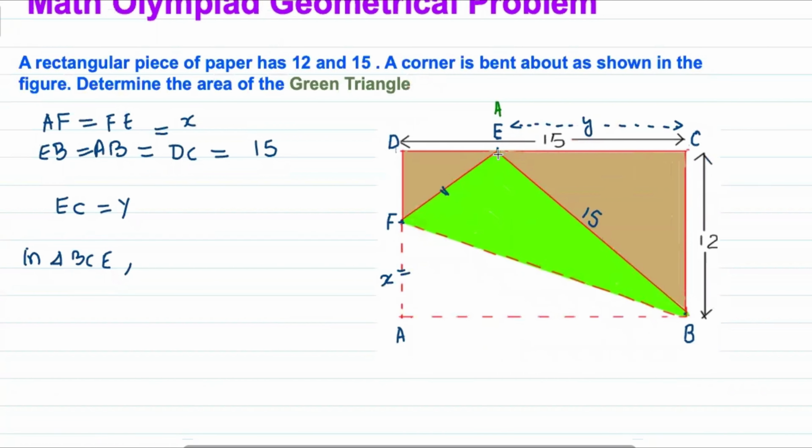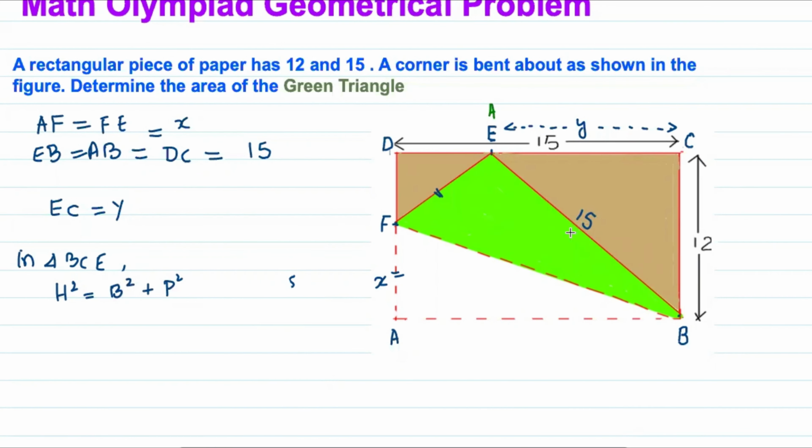In the Pythagoras theorem, the hypotenuse square will be equal to base square plus perpendicular square. This is the hypotenuse, so we write 15 square will be equal to the EC length, that's Y, as the base, and BC as the perpendicular. Its value is 12, so we write 12 square.